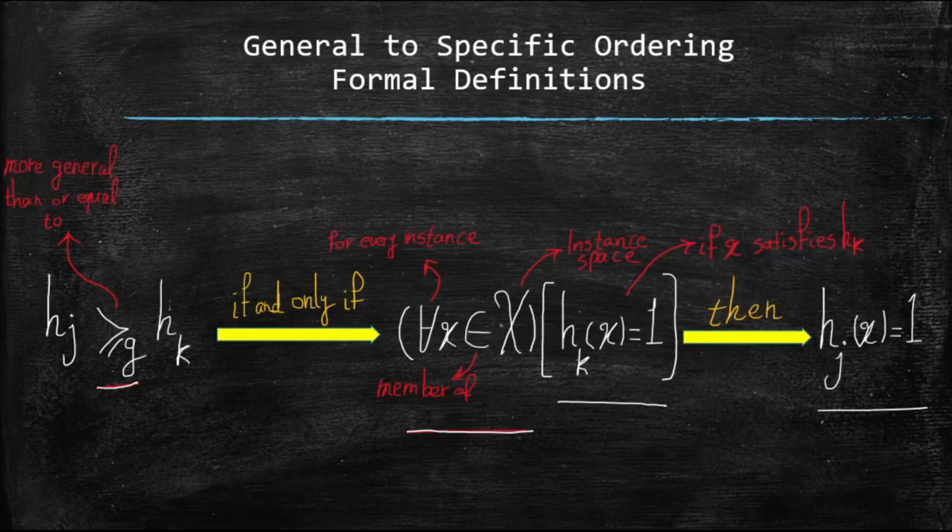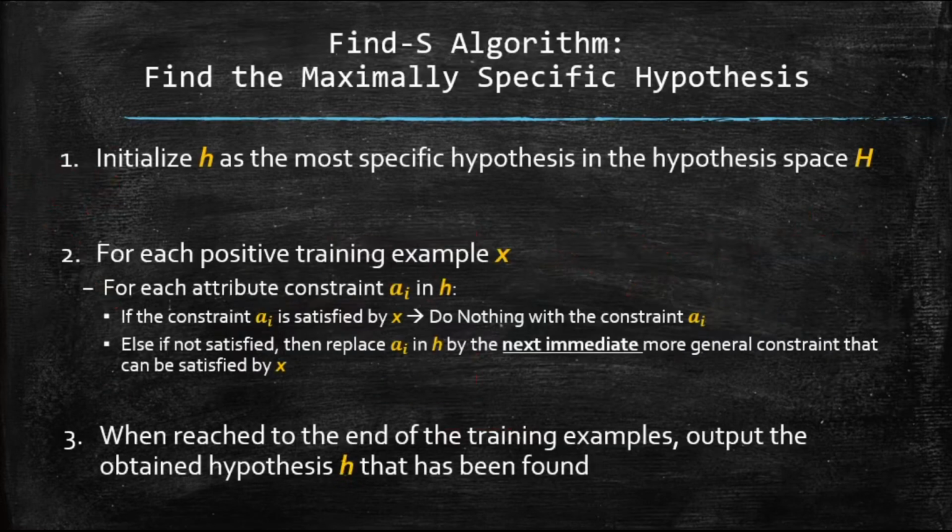Today we're going to talk about our first algorithm called Find-S, which utilizes this relationship to have a smarter search in the hypothesis space H. There are different ways that this machine learning algorithm can search through the hypothesis space.